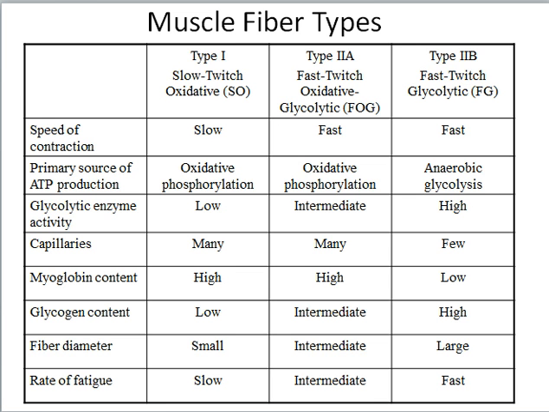And it's showing you here that the type 2A have those oxidative capabilities because they are sometimes calling upon oxygen to help fuel their intensity level. Okay, so same thing, you'll see type 1 and type 2A have many capillaries because there is oxygen involved, whereas in type 2B, when you're sprinting or powerlifting or whatever, there's no time for oxygen, so they have very few capillaries, all that kind of good stuff.